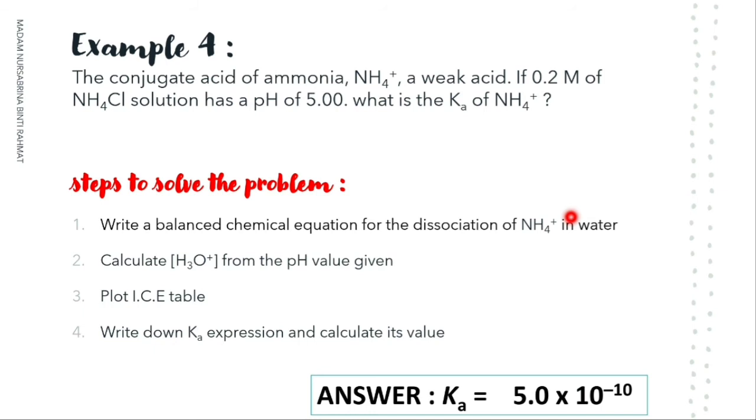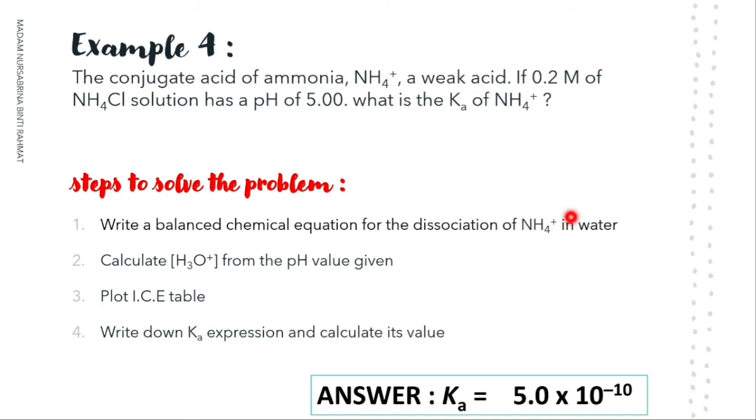The conjugate acid is a product from the weak base accepting that H plus. From a salt solution of ammonium chloride, which has a pH of 5.00, what is the Ka of your NH4 plus?